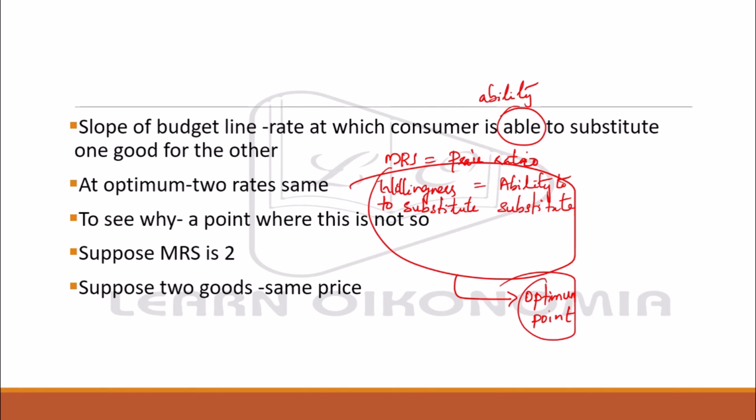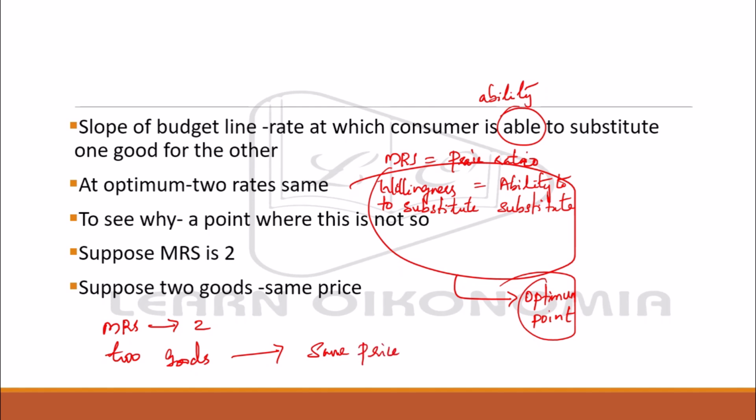And let's see a point that is not optimum. So here just assume that your MRS is 2. Okay, and suppose that the two goods that we have have the same price.